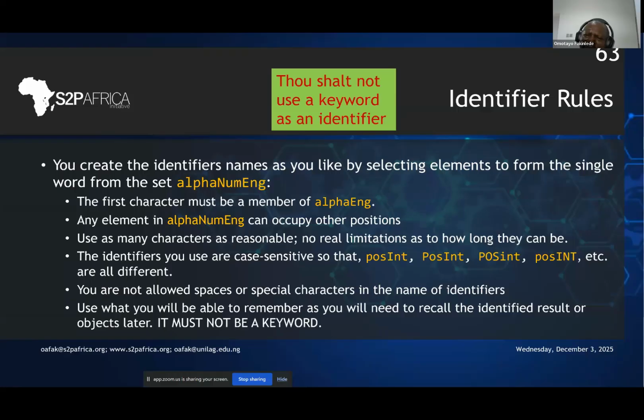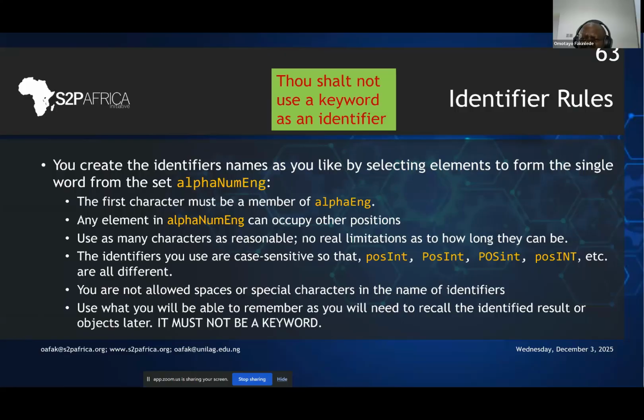You create identifier names as you like by selecting elements to form a single word, and it must be a single word, no space, from the set of alphanumeric English characters. The first character must be alphabetic. Any alphanumeric character can occupy other positions. Use as many characters as reasonable.